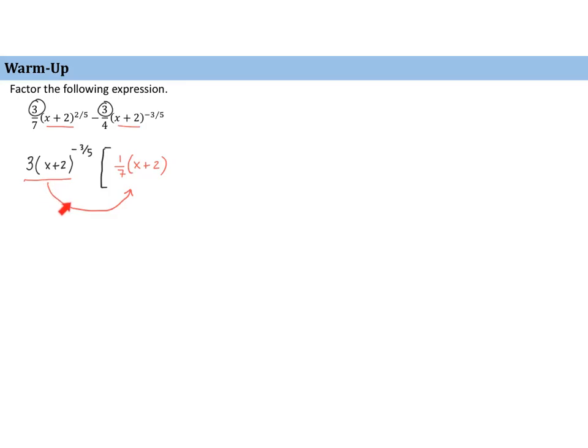Whenever I multiply x plus 2 to the negative 3/5 times x plus 2 to the unknown power, what would it take in order to obtain 2/5? Whenever we multiply, we add those two exponents. So negative 3/5 plus what is 2/5? The answer would be 5/5, because negative 3/5 plus 5/5 is 2/5, but 5/5 is nothing more than 1.